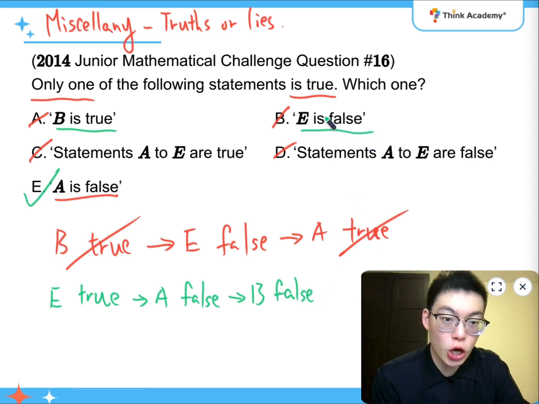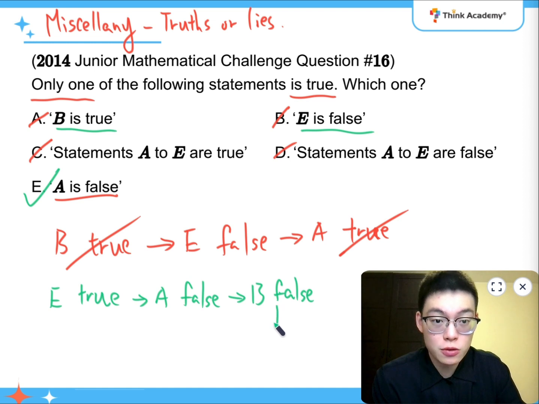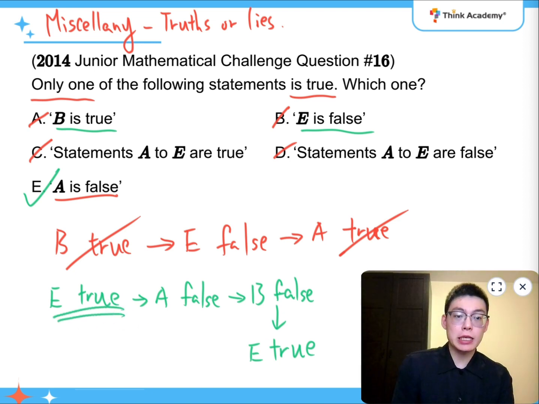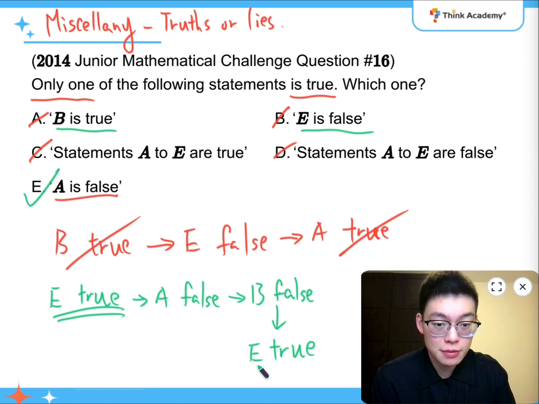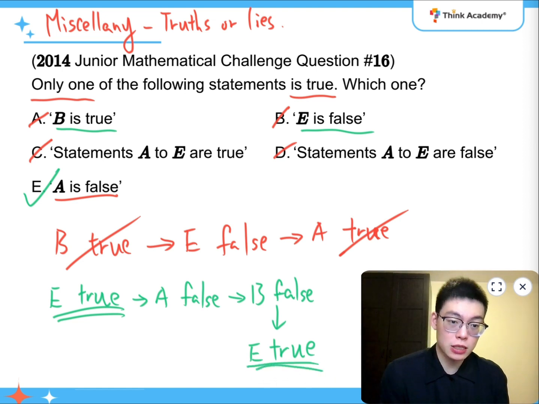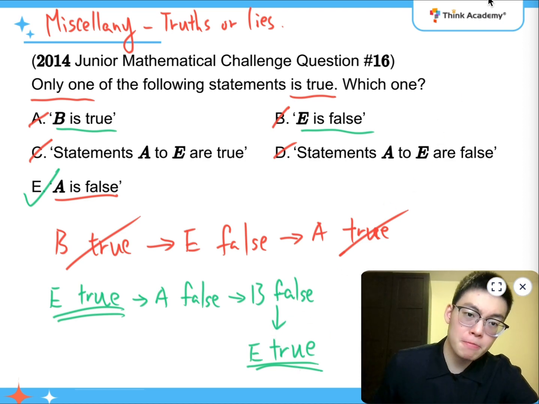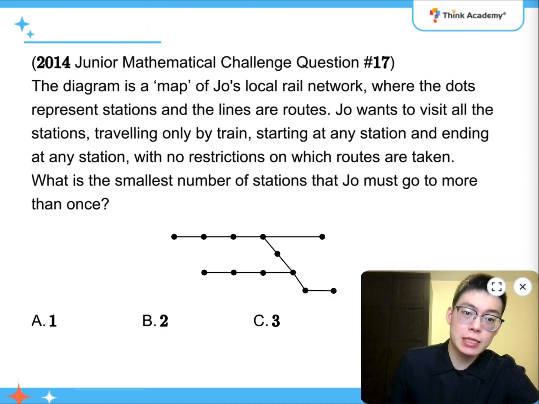So E is the opposite of false, that is true, which matches the assumption we made that E is true, right? It comes back to this conclusion. So E is the true answer in this question, all right? That's for question number 16.